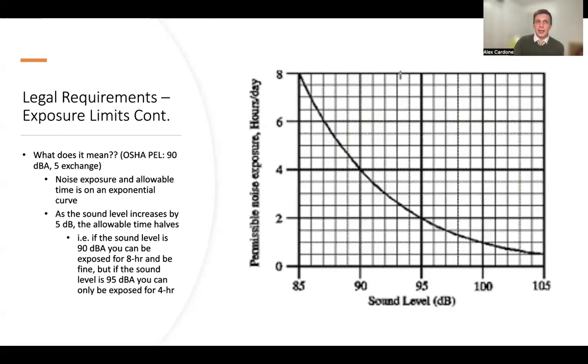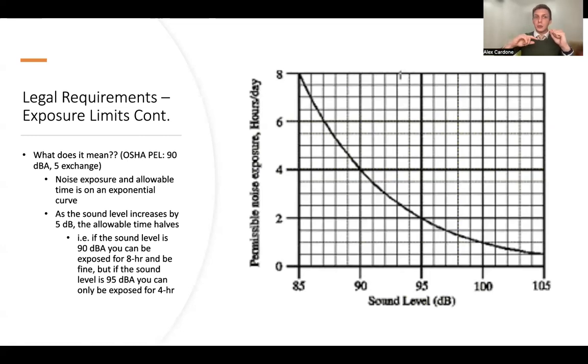A great example of that is that it all depends on the exchange rate. For example, the OSHA PEL, or permissible exposure limit, is 90 dBA, and it has a 5 dB exchange rate. What that's saying is that at 90 decibels, you can be exposed for 8 hours, but at 95 decibels, 5 more than 90, you can be exposed for 4 hours a day.